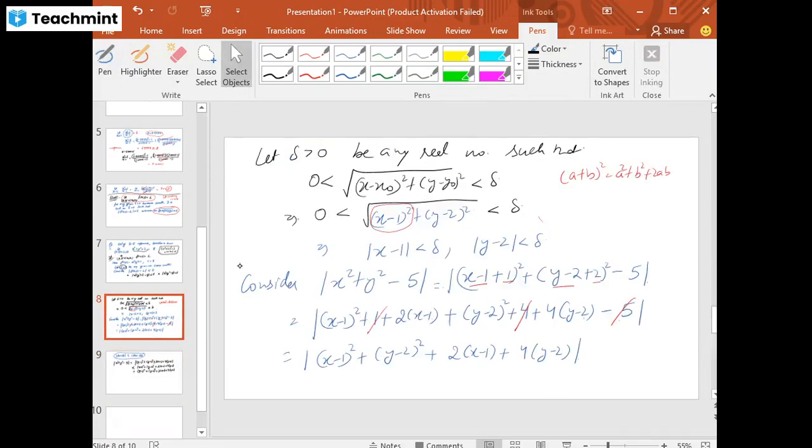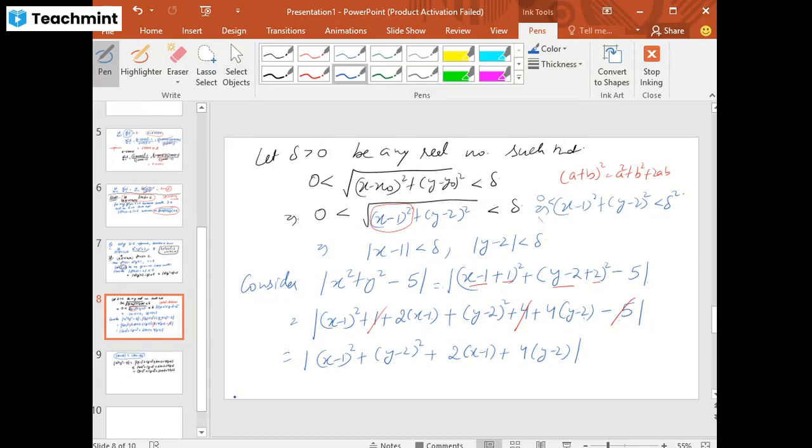Now according to the given condition, we have square root of x minus 1 square plus y minus 2 whole square less than delta. So it means that x minus 1 square plus y minus 2 whole square is less than delta square. Obviously, it should be positive if I'm considering the deleted neighborhood of a point, but here it is not required because your function is defined at the point x naught, y naught. Generally for limit problems we use the deleted neighborhood, but because in this case your function is defined, we can even take the neighborhood of a point.